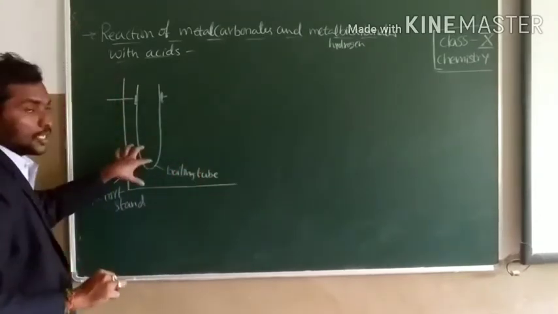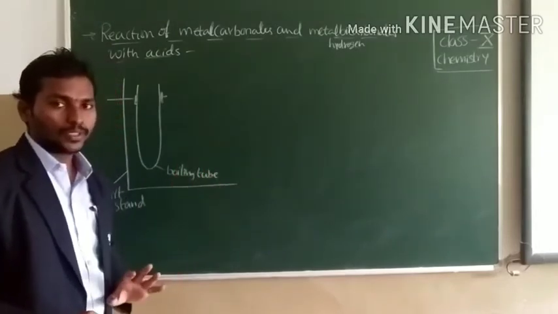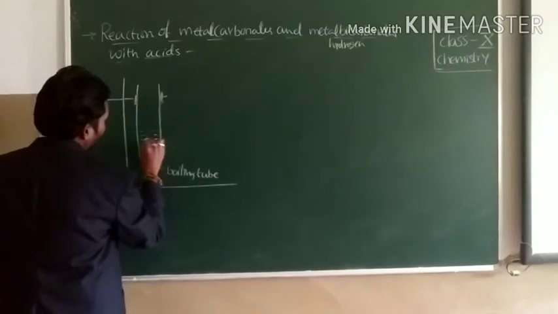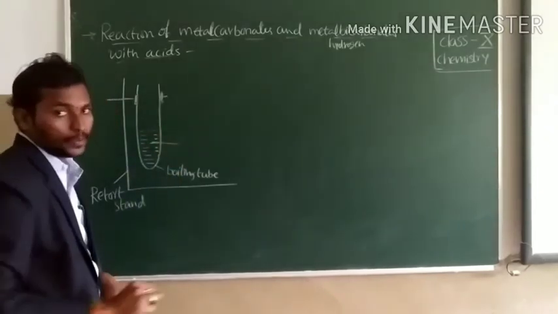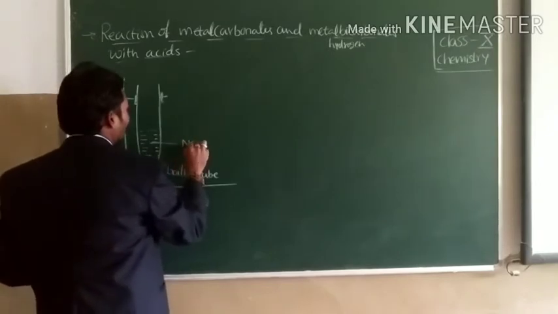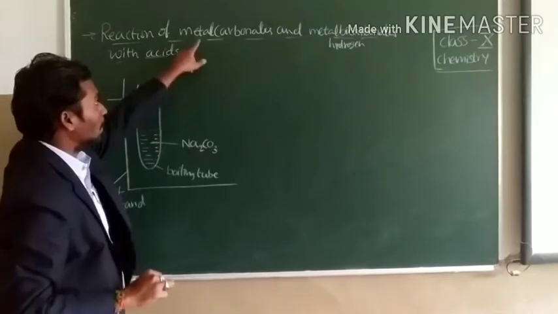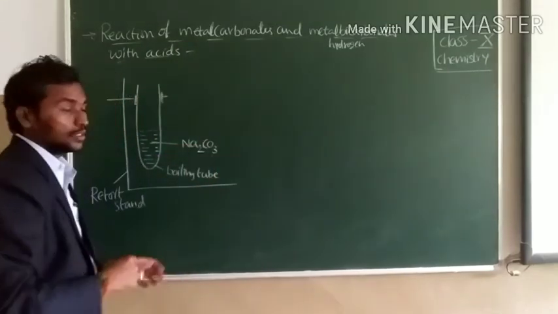This boiling tube has to be filled with a few grams of metal carbonate. Any metal carbonate you can take, children. Let us take sodium carbonate. The formula of sodium carbonate is Na2CO3, an example of a metal carbonate.